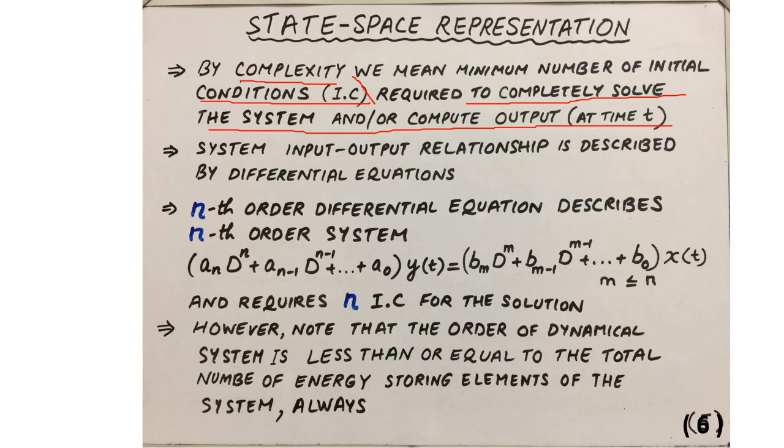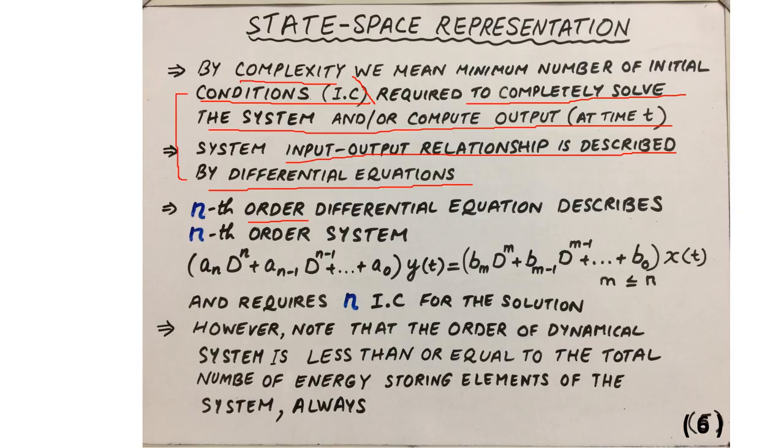All right. So extending the idea of complexity to the order of the system, first note that the system input-output relationship is described by a differential equation. And we know that the solution of a differential equation requires the knowledge of initial conditions.